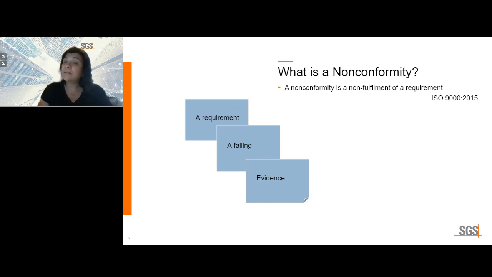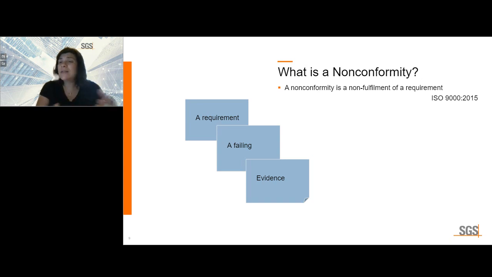Then we look at our agreements with our customers. What are the requirements that we need to meet because our customers require it? And finally, we have internal requirements. These are traditional SOPs and work instructions, our forms, our records, everything that makes up our documented system within the company. Okay? So we have a requirement.